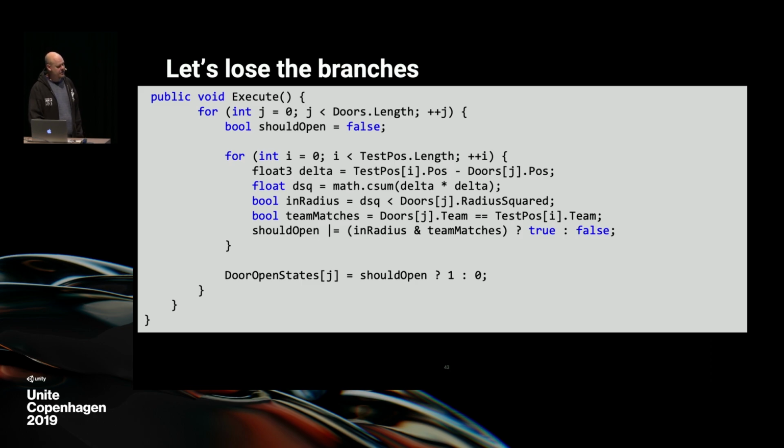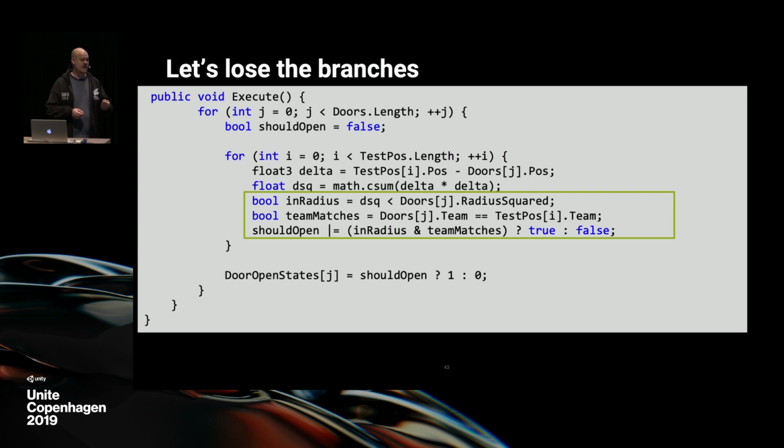So the first thing we need to do is get rid of that branch. And if you look at the loop here, what I've done is I've got rid of that break, right? And instead, I've combined these two conditions. So I'm saying, is this player in the radius of the door? And does the team match? Right, and then accumulating whether this was true for any player for this door, by doing an or-equals onto the should-open value.